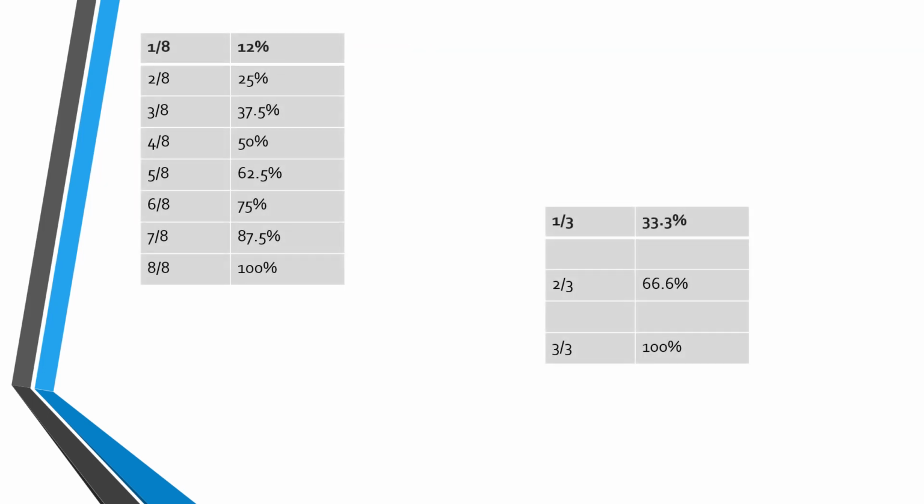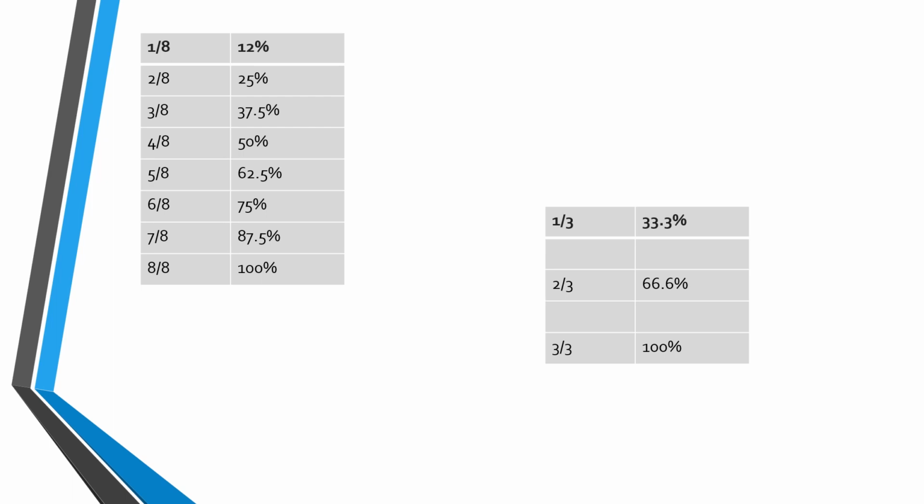And so I've basically done the math here for you. So let's say we have a measurement and we want to divide it into equal parts of 8. 1/8, 2/8, 3/8, all the way up to 8/8.